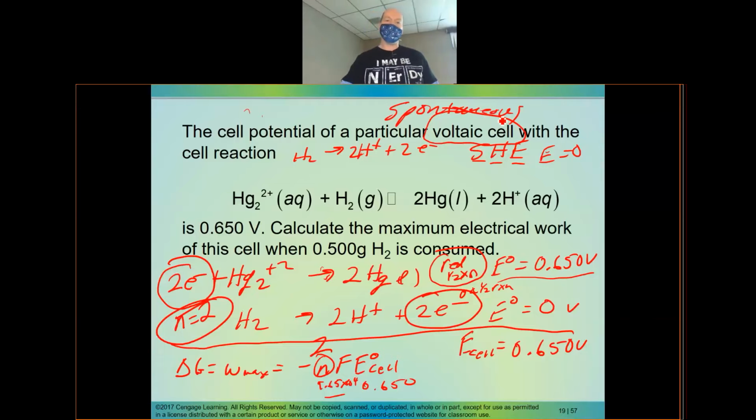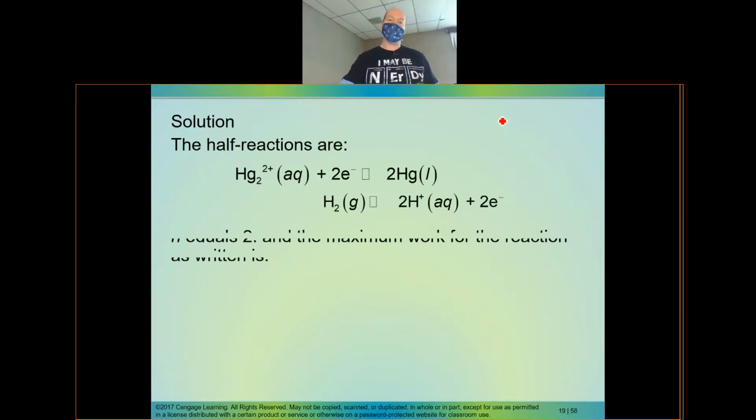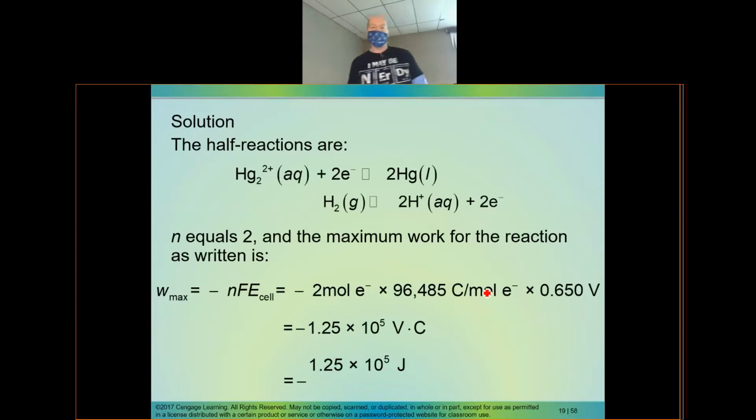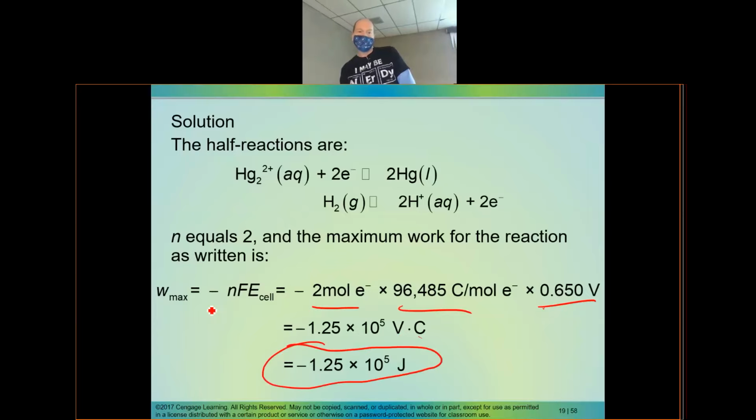When you push the buttons, after you put all your numbers in, your 2 moles of electrons, your 9.65 times 10 to the fourth, and your 0.650 volts, you get volt times coulomb. You have to know that a coulomb volt is a joule. All you really need to know is this equation, and you also need to know that that's equal to delta G. It is always going to be negative when you have a voltaic cell. All right, we will pick up here tomorrow.